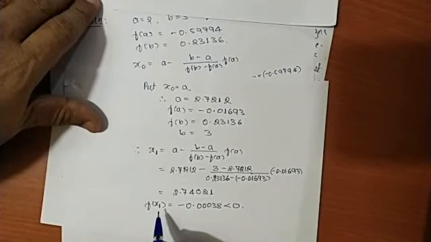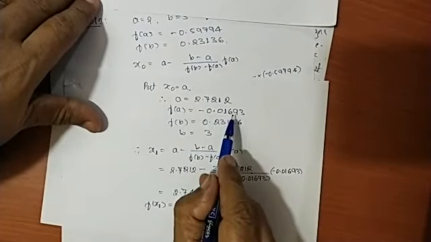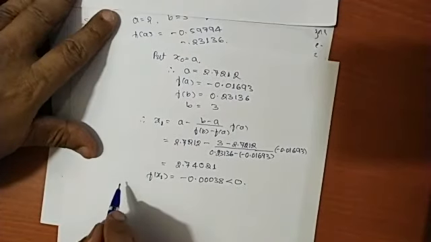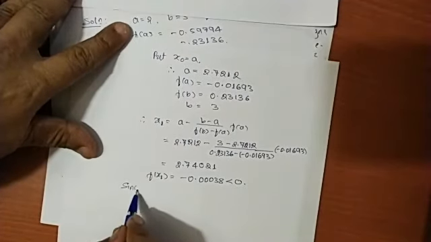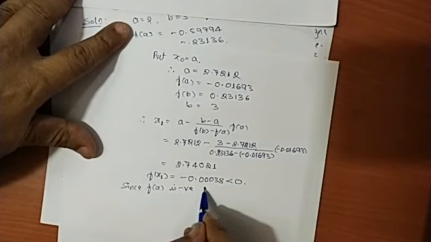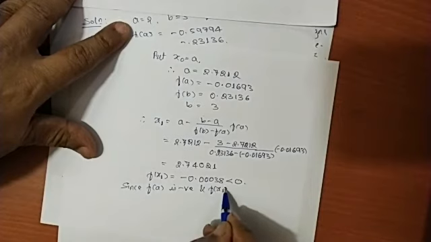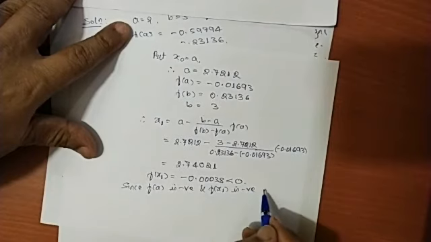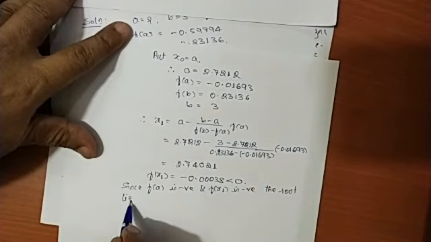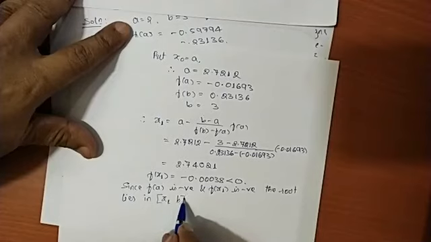Therefore, now see, f of a is negative here, and f of x1 also is negative. Therefore, since f of a is negative and f of x1 is negative, the root lies in x1 to b.